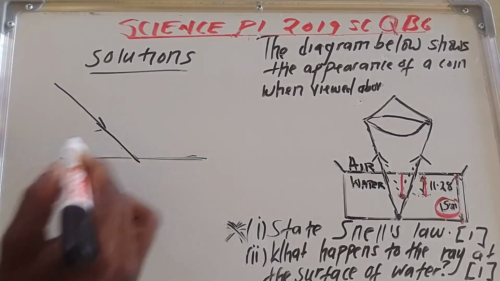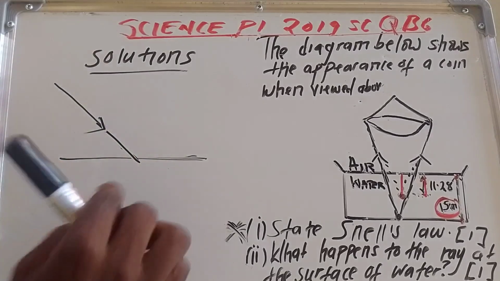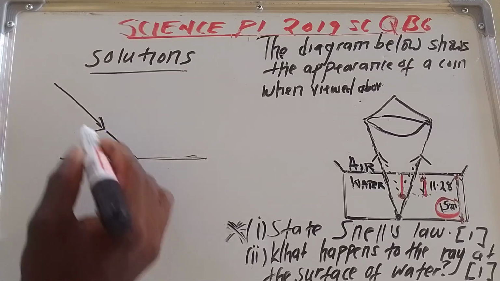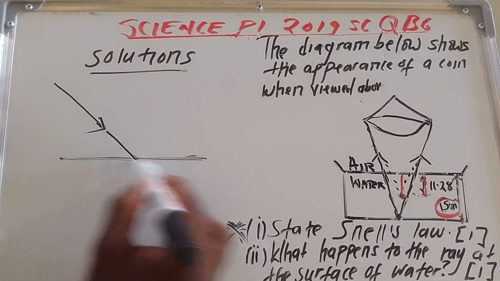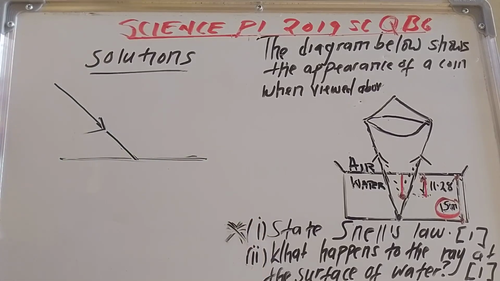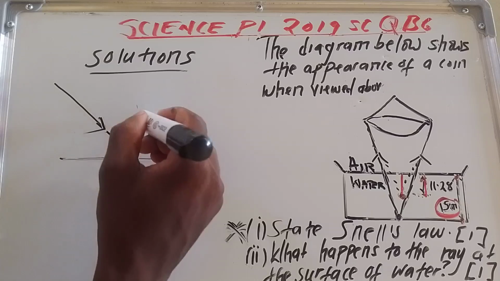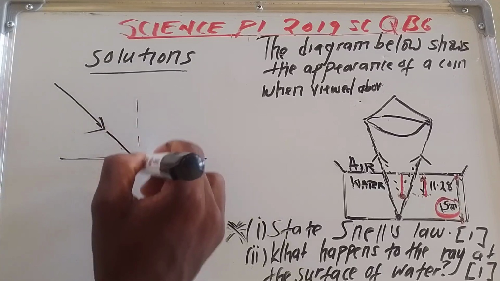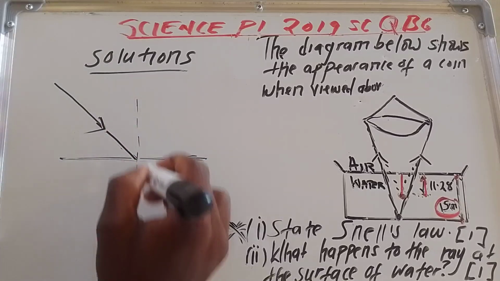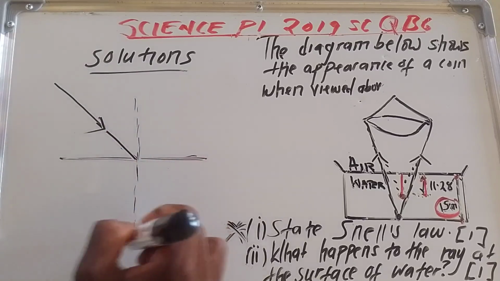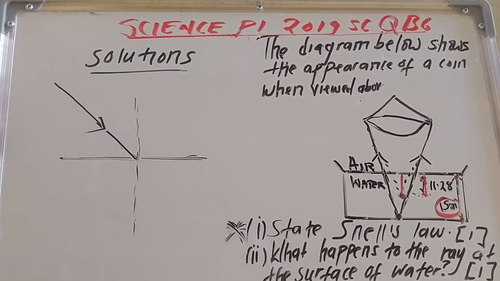As this ray strikes this boundary, there is always going to be a normal, which is perpendicular to the boundary. So this is the normal, which is perpendicular to the boundary.